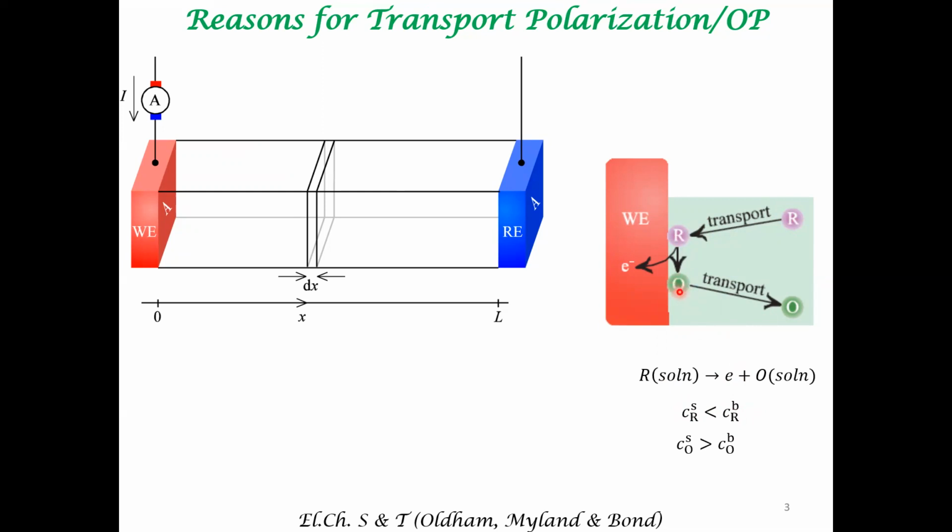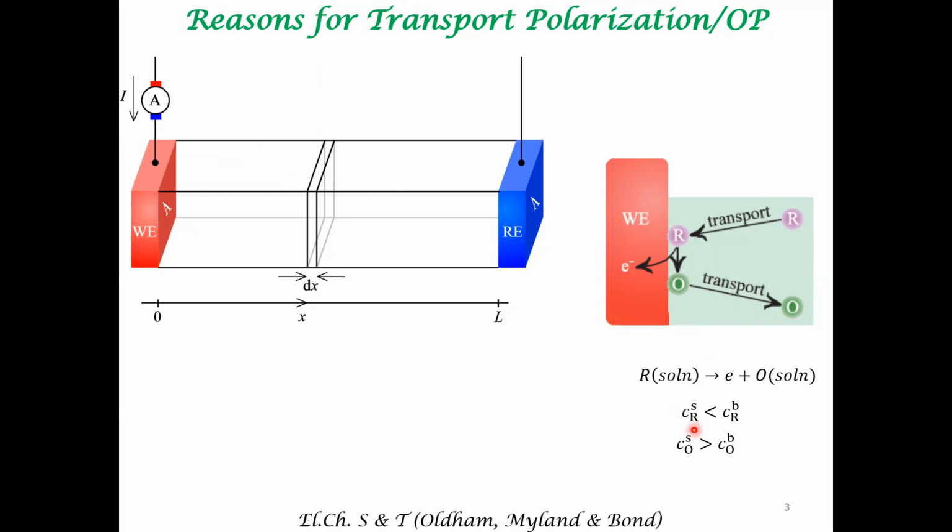Likewise, because O is generated on the electrode surface, the concentration of O on the surface, indicated by this quantity, should be greater than the concentration of O in the bulk, because of which a net transport is possible from the surface to the bulk for species O.